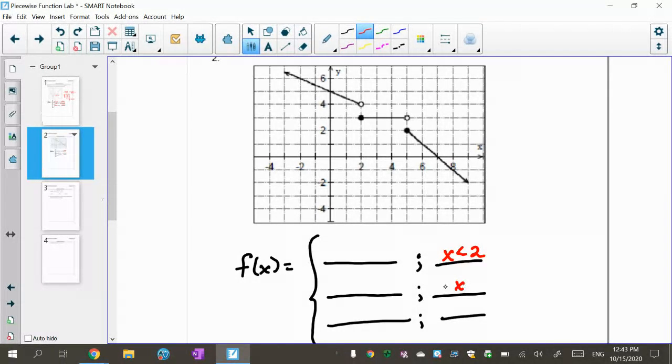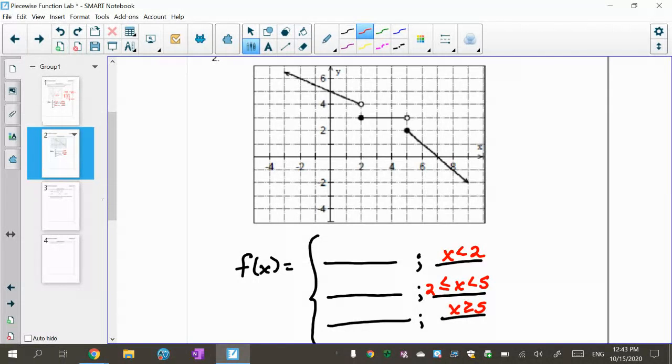So x is between 2, and notice it's equal to, there's my line, and it goes up to 5 but doesn't include 5. Again, I want you to note 2 is only in this piece. It's not in the top piece. And then 5 is this right piece, or the bottom here, x is greater than or equal to 5. So there's my domain restrictions.